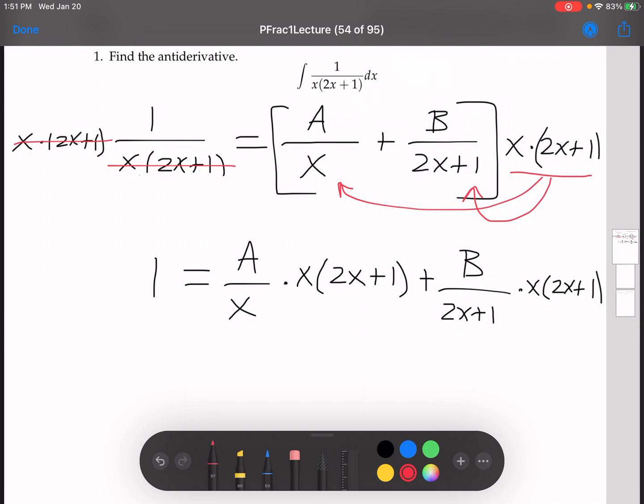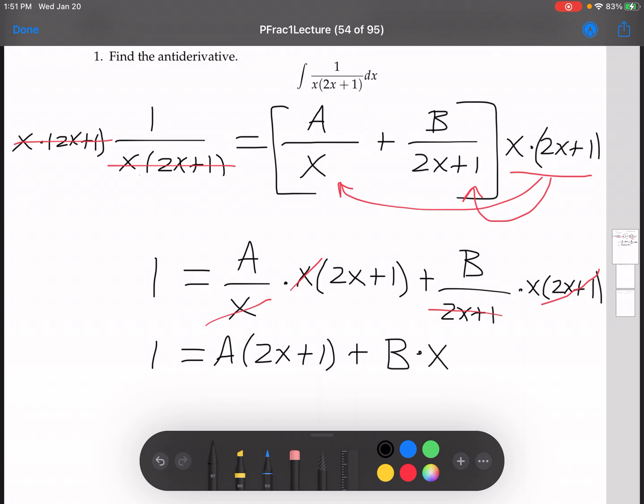Now look at what happens here. This x will cancel with that x, and 2x plus 1 will cancel with 2x plus 1. And so we're left with 1 is equal to A times 2x plus 1 plus B times x.